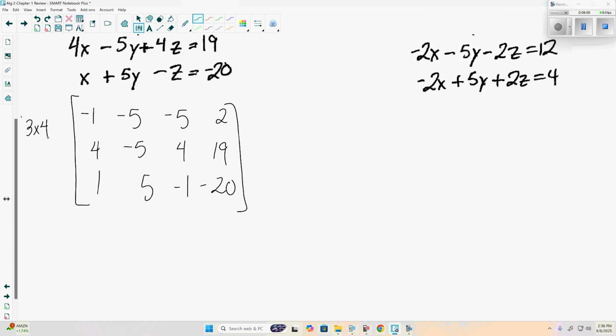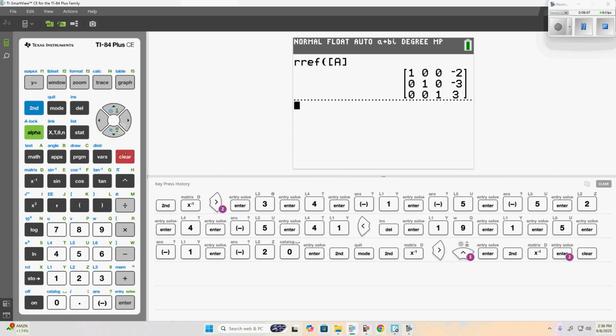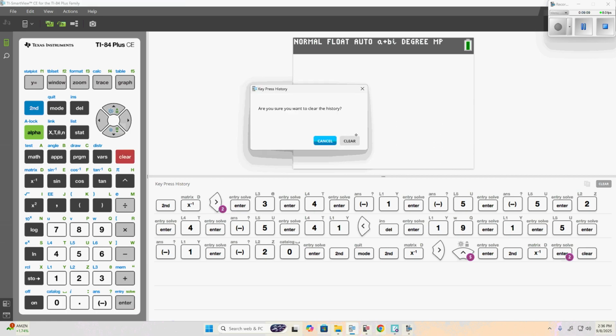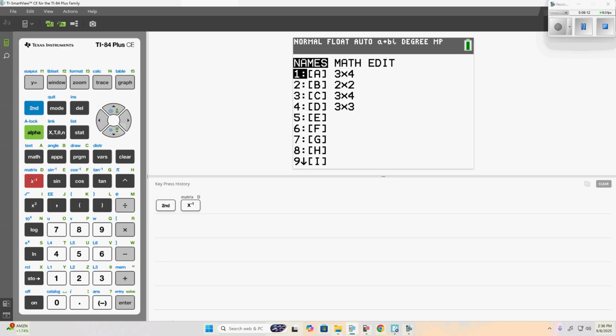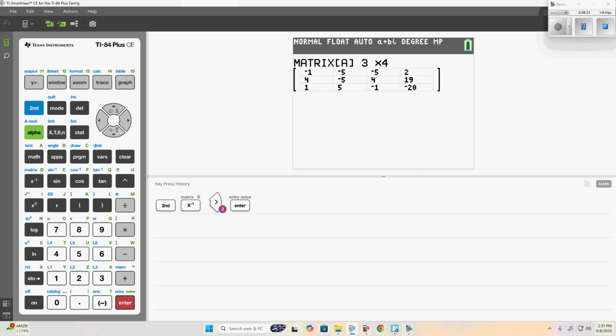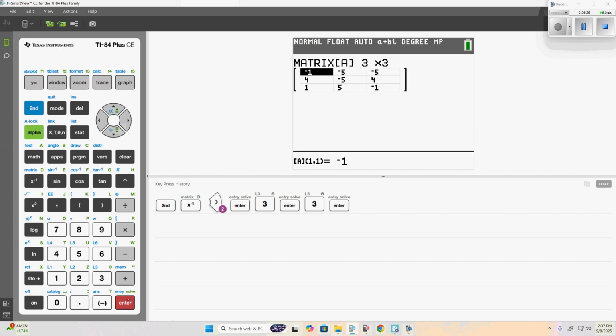Now at this point here, we want to plug it into the matrices, plug it into our calculator, so we can get this here. I'm going to clear all this out. So we're going to go second matrix. First thing we want to do is second matrix and then go where? Over to edit, enter. We'll put it in A. First thing we want to type in are the dimensions. It's not a 3 by 3, it's a 3 by 4. Now we want to type the entire matrix in, our augmented matrix.